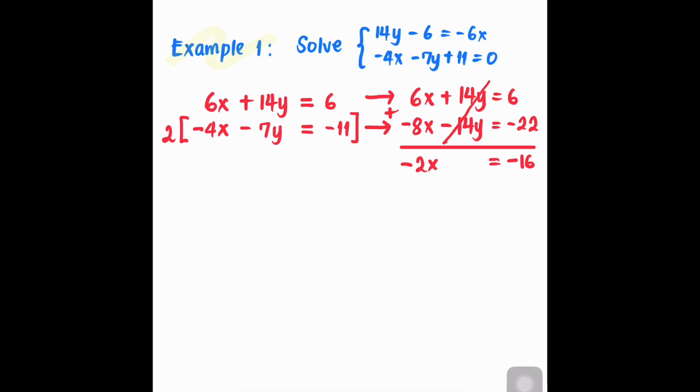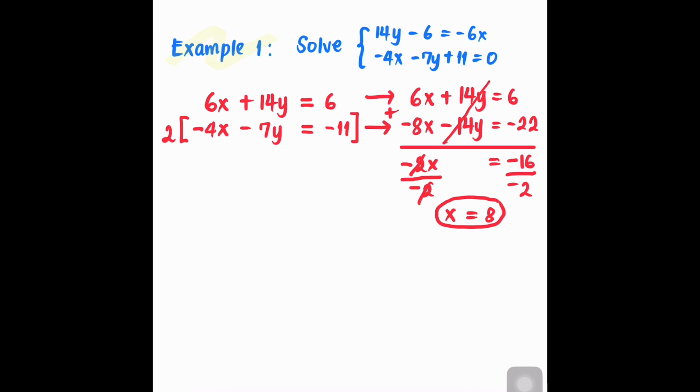And from here, you can actually see that we can find the value of x by dividing both sides by negative 2. Cancel, and you have x equals to negative 16 divided by negative 2 is positive 8. Now we already have the value for x.